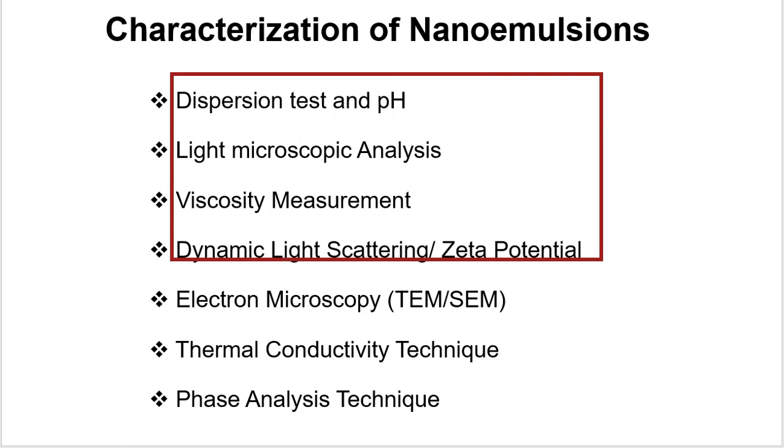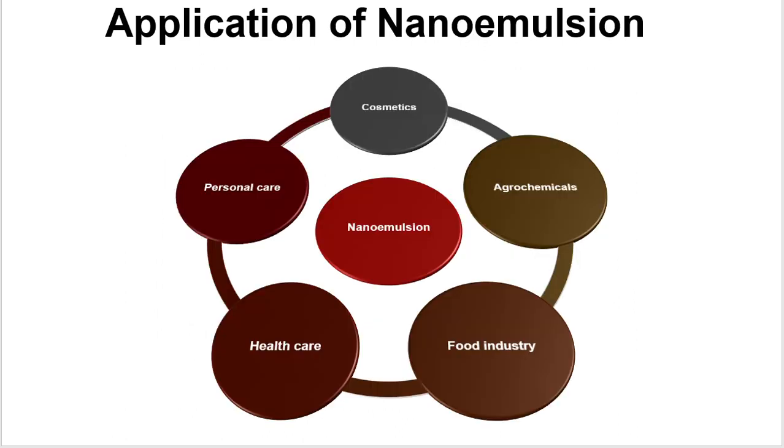After characterization, application-wise, nanoemulsion is used in different applications, for example cosmetics, agrochemicals, food industry, healthcare or personal care. Different applications are there for nanoemulsion.